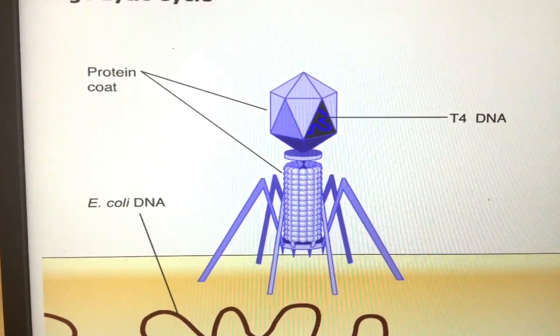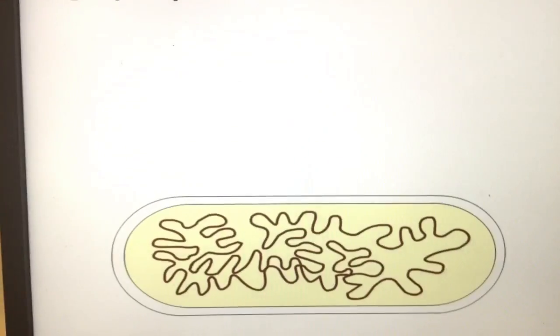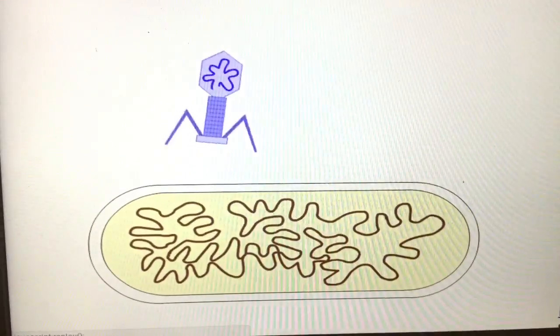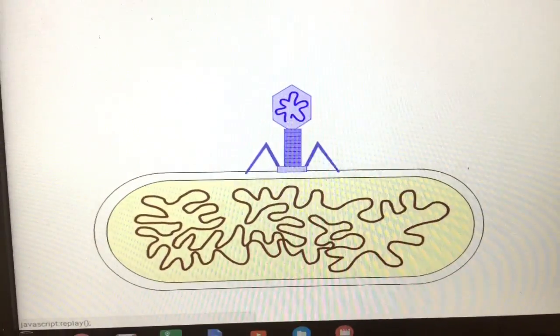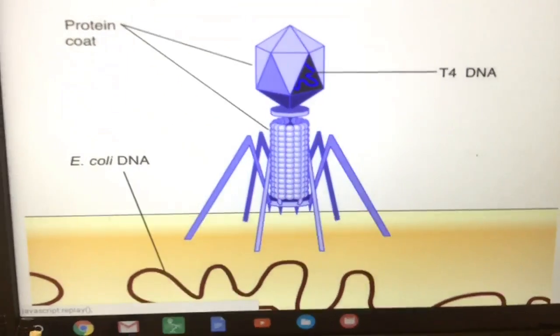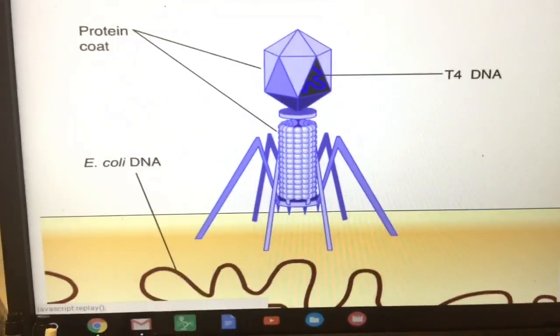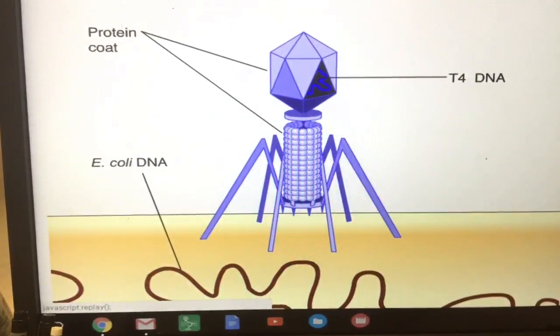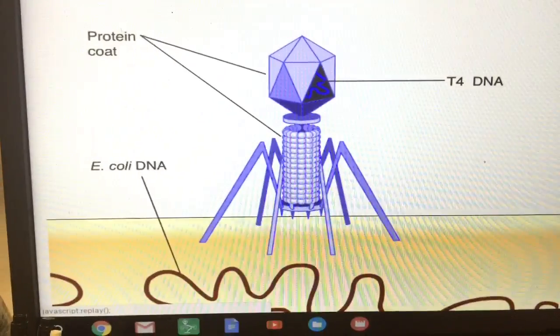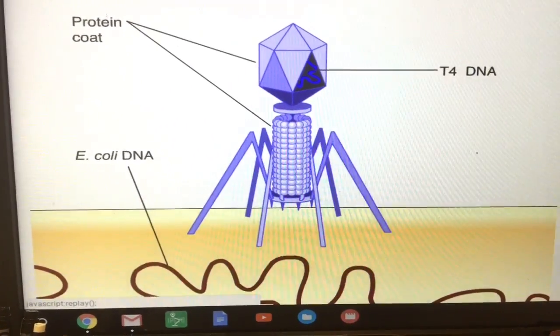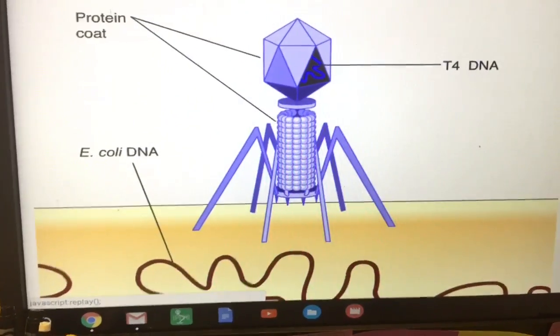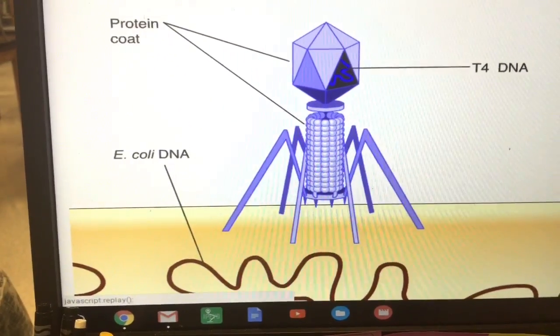I want to show you a little animation of what happens. Here's a bacteriophage coming to infect a bacteria cell. The little tail fibers bind to receptors on the cell that it's infecting, and that's what allows it to infect that particular bacteria.